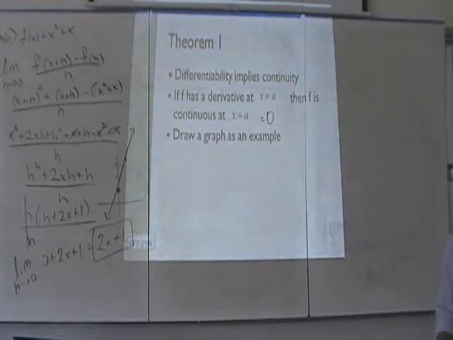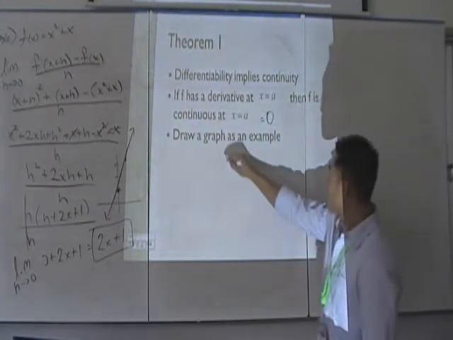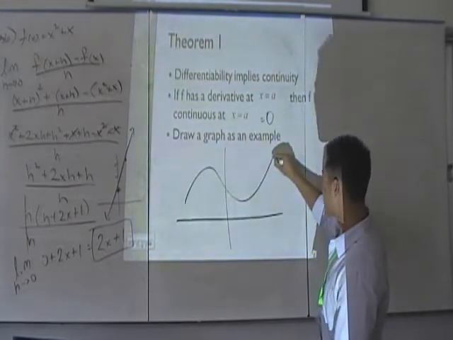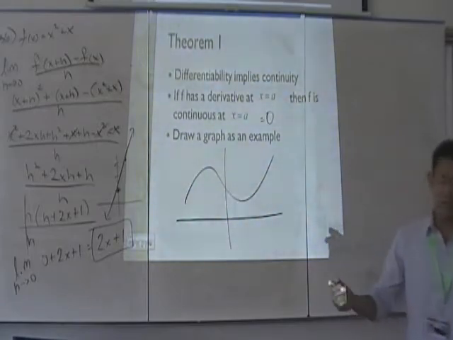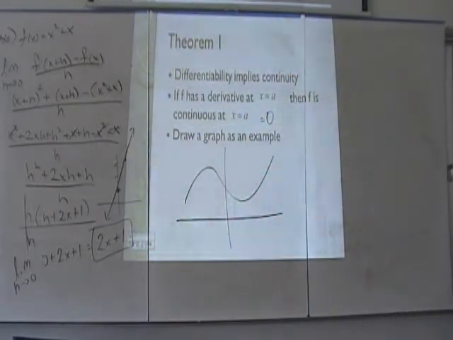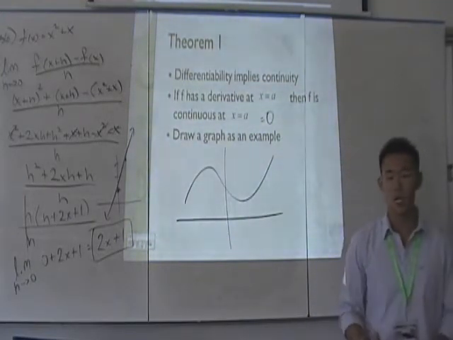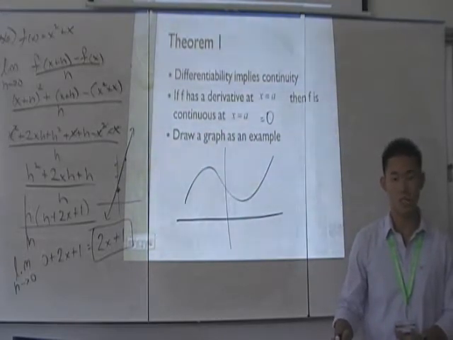Draw a graph, an example. All right, so I'm going to draw a graph as an example. Is that graph differentiable? Yes, right? It's continuous. There are no corners, no jumps, no vertical tangents. This graph is good. It's a solid graph.